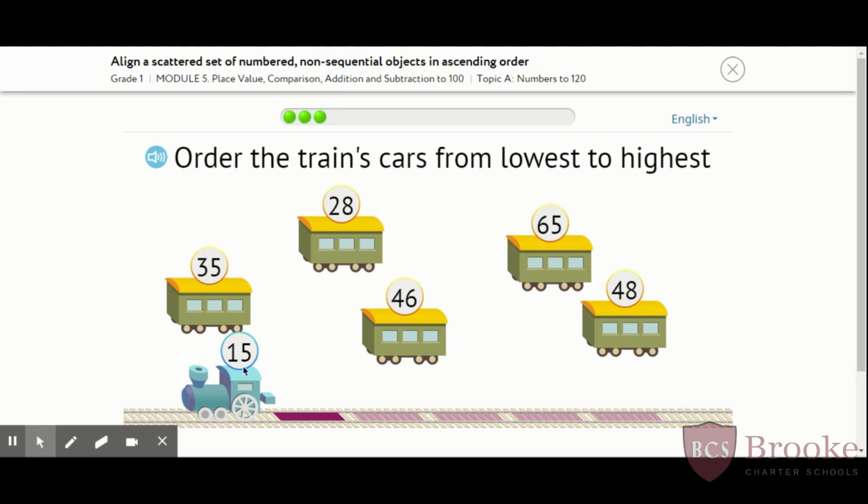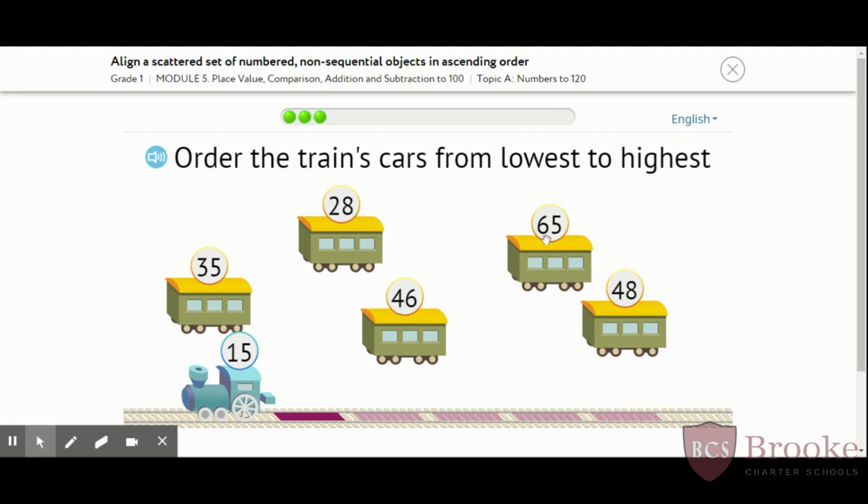I know good mathematicians always check the tens place first, because sometimes that can give us our answer. And then if not, we can check the ones. How many tens are in 35? 3. How many tens are in 28? 2. How many tens are in 46? 4.